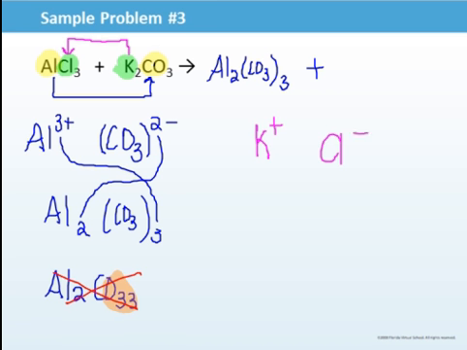We have a 1-to-1 charge, so it only requires 1 of each element to be neutral. Remember, ionic compounds form in order to have an overall charge of 0. +1 -1, I only need 1 of each ion. When we crisscross, we get 1 and 1, and of course, we don't write 1s for subscripts.